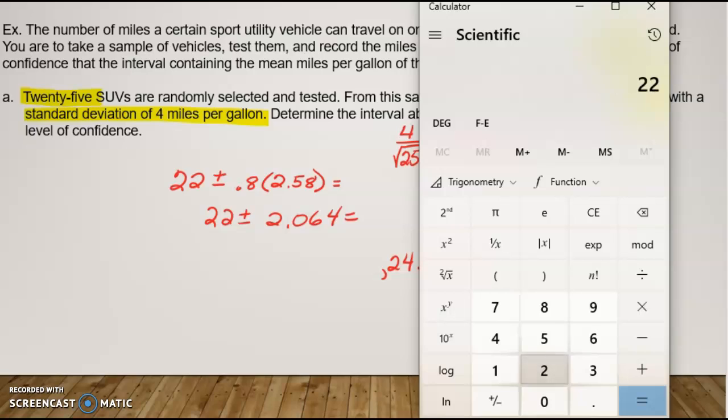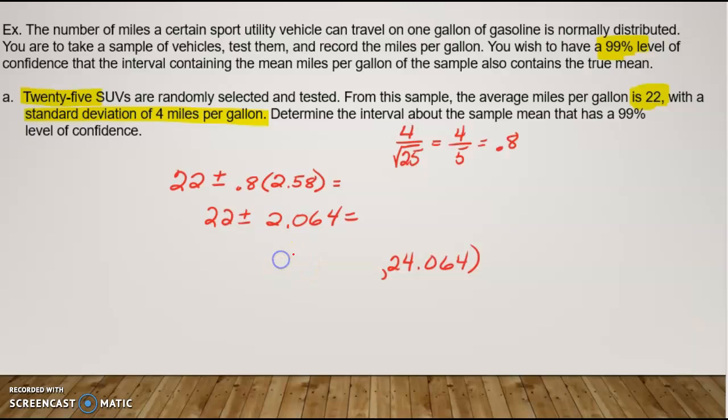And then 22 minus 2.064, 19.936. So 24, that's roughly 20. So the span there is roughly 4 units between the two of them. You got that width there to cover the true mean.